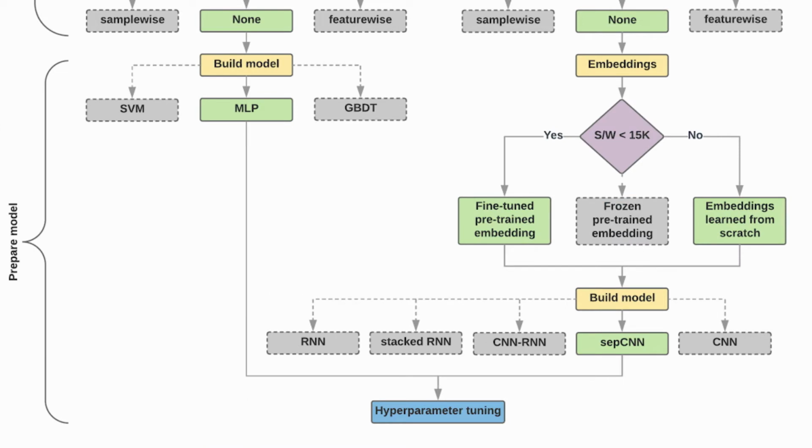And when it comes to sequence models, typically we have embedding as a first layer, and so we found the same ratio of number of samples to number of words per sample to help here as well, in the sense that when you have a really large amount of data, you can learn embeddings from scratch from your data set, and if not, it's best to use pre-trained embedding weights, such as the popular ones, GloVe, word2vec, and so on.